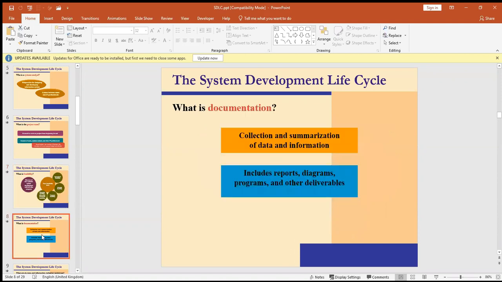we have documentation. For serious projects, you have to document each and every course of action that is taken. Right from the planning, you're supposed to document how planning was done, who was involved in doing what, and so on.